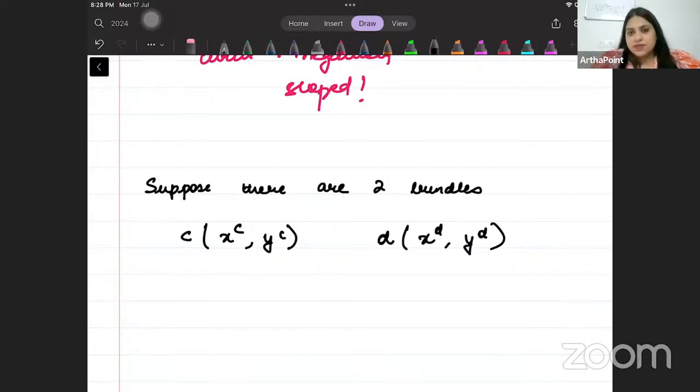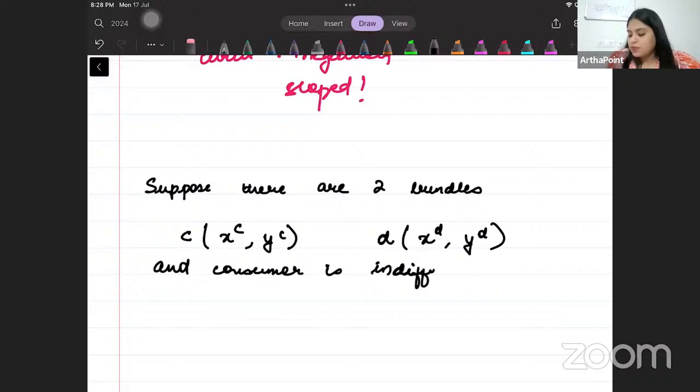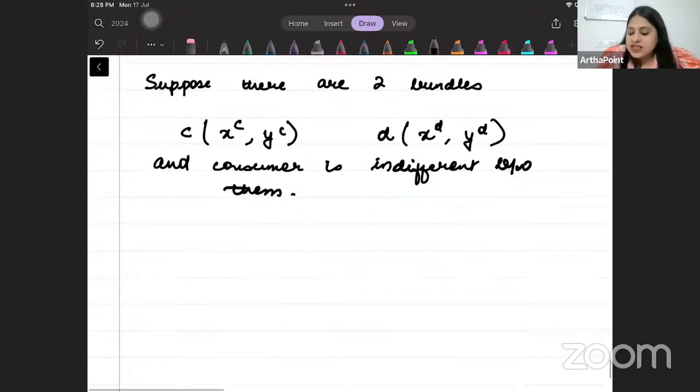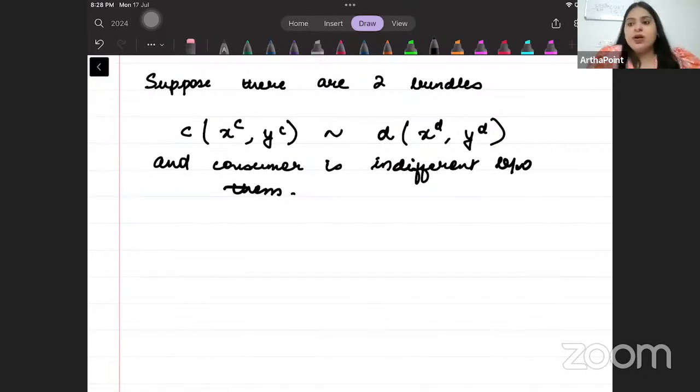These are two bundles. And consumer is indifferent between them. Which means that the consumer thinks that he gets the same level of utility from the two bundles. He is indifferent between the two bundles.